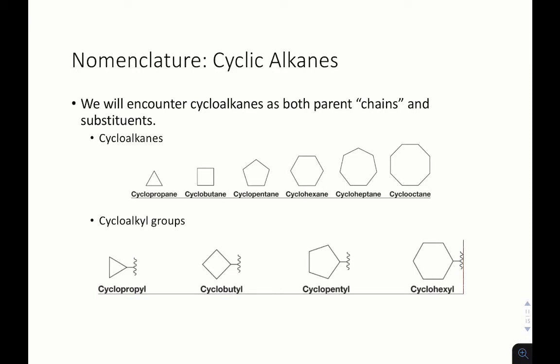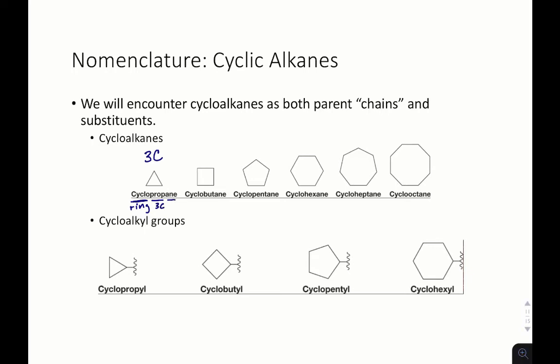Moving right along, we will also encounter cyclic alkanes, and we'll encounter them both as the parent chains and as substituents. If we're just looking at the cycloalkanes themselves, they're named probably just about as you would expect. So we have a 3-carbon cyclic alkane. Cyclo goes in front, that's because it's a ring.